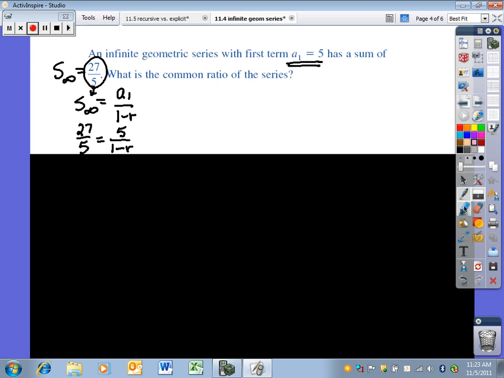Now, I should be able to do cross products. 5 times 5 will give me 25 equals 27 times the quantity 1 minus r, which is 25 equals 27 minus 27r.